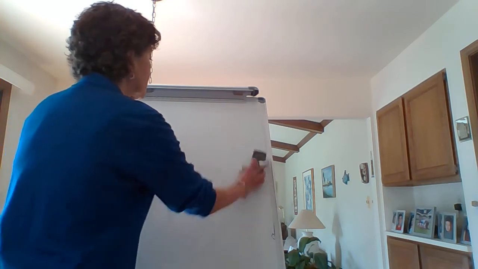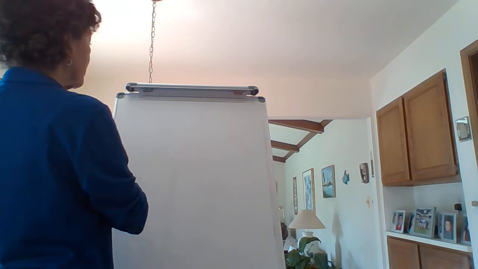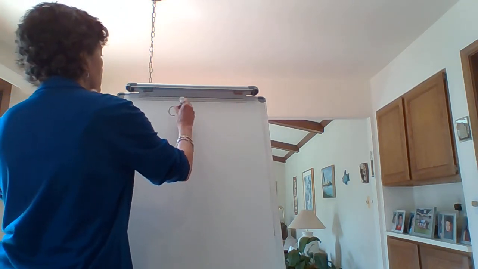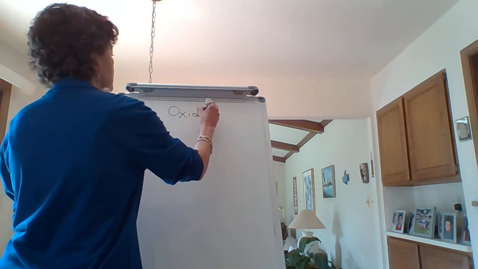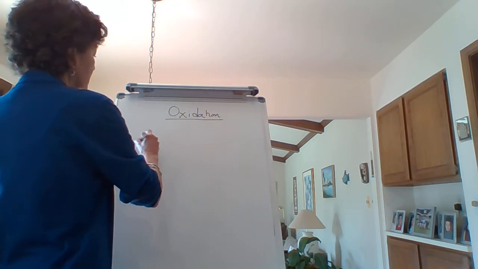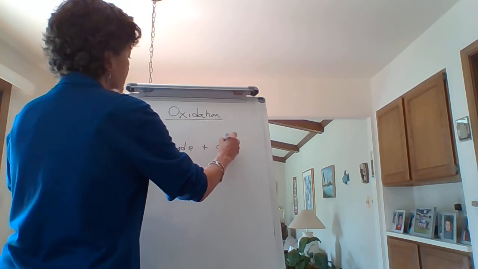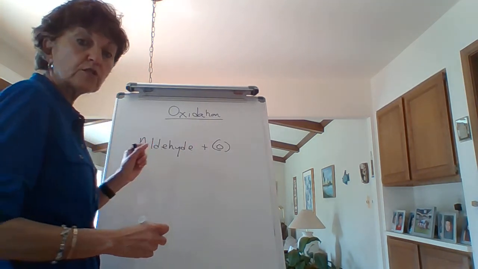So we're ready to move on to some chemical reactions of aldehydes and ketones. Let's first talk oxidation. Oxidation of an aldehyde. If you have an aldehyde and you throw in an oxidizing agent, what does it turn into?